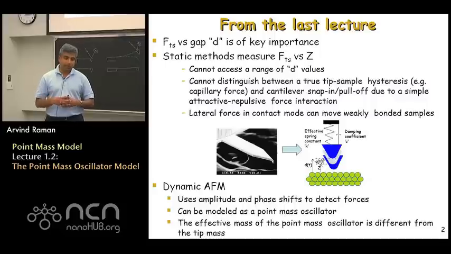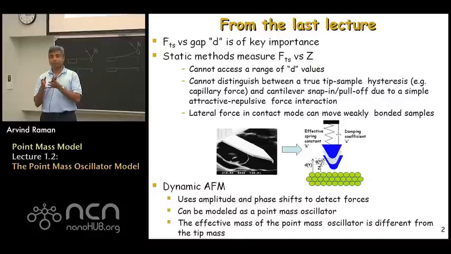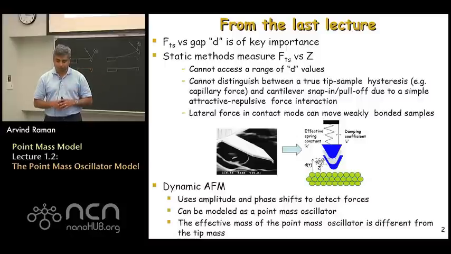What this leads to are equivalent properties of the effective mass, the effective stiffness, and the effective damping of the point mass oscillator, that ensure this equivalence in a manner that the point mass oscillator would actually oscillate in exactly the same manner as the actual probe.